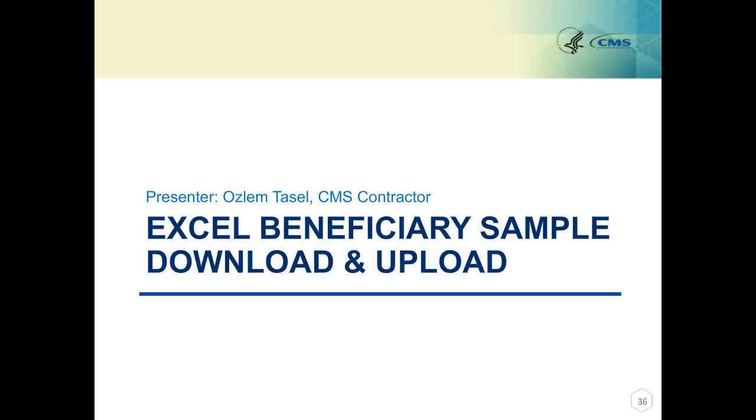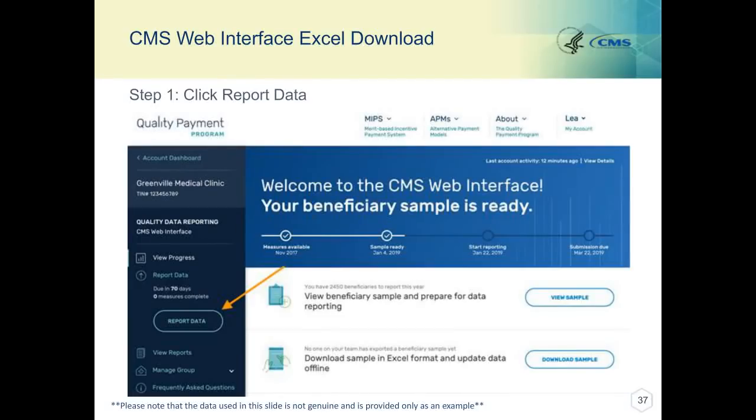I'd like to show you the Excel beneficiary sample download and upload functionality. Once you're in the CMS Web Interface, it's very easy to work with the Excel bulk download and upload process. On the left navigation menu, there's a Report Data button.